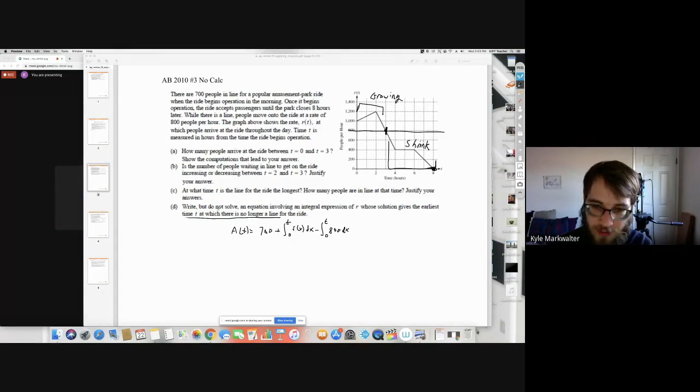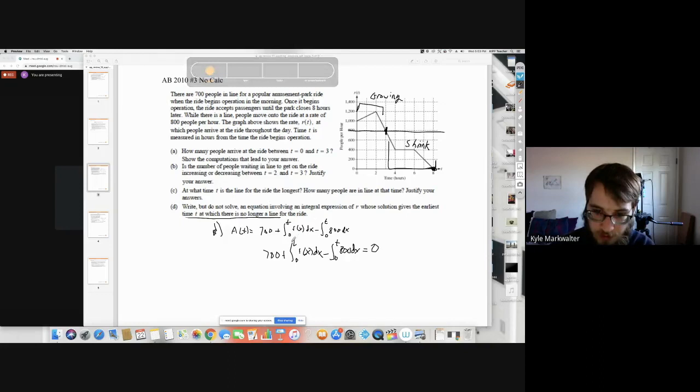So all we actually have to do, part D, is say 700 plus the integral from 0 to t of r of x dx minus the integral from 0 to t of 800 dx equals 0. This is an equation involving integral expression of r, whose solution, if I solved for t, would be where there's no one in line.